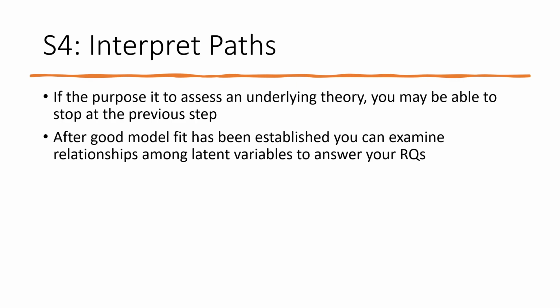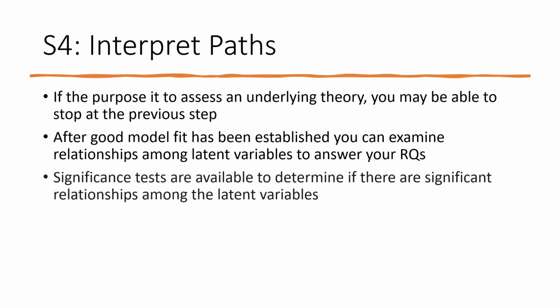So are they positive? Are they negative? Are they statistically significant? Are they not significant, et cetera? And you can establish those relationships just like you would in normal regression, in the sense of, do my independent variables affect the dependent variables? Of course, you can get much more complicated in the SEM path analysis framework, but you can also stay basic in the regression world too.